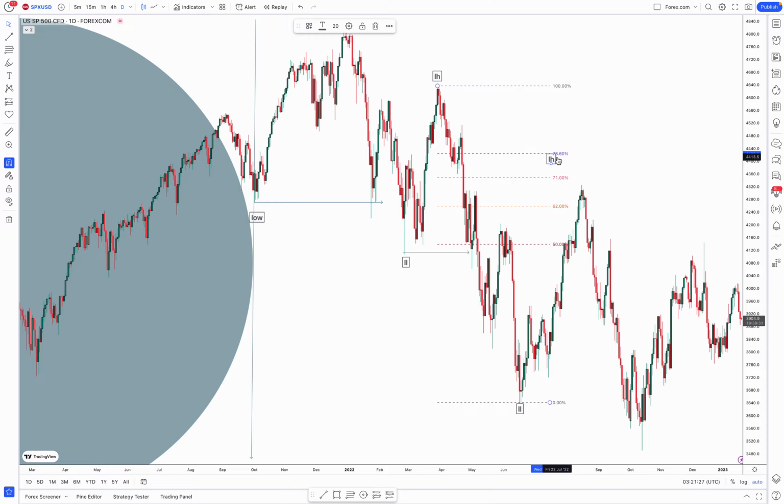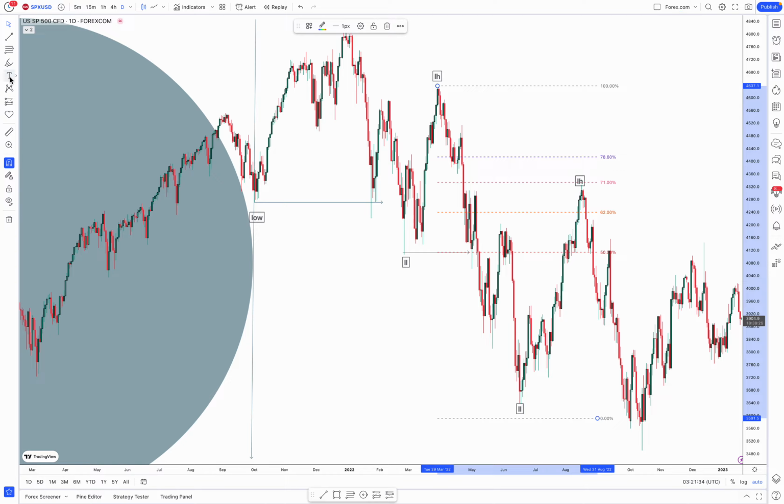A lower high here. And my reasoning is this retracement over here has been significant. It has hit the 50% level, went beyond, and almost hit this 71% level. So that's a valid area.